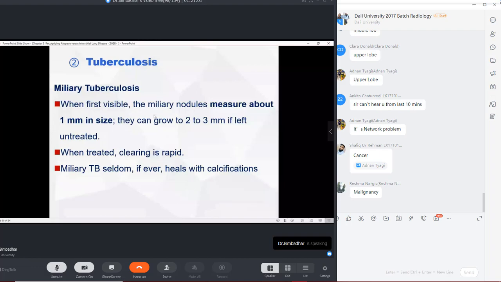Okay, rice millet opacities measuring about 1 mm in size and present all over the lung fields is called miliary tuberculosis.